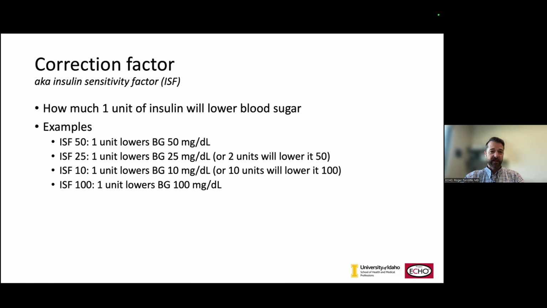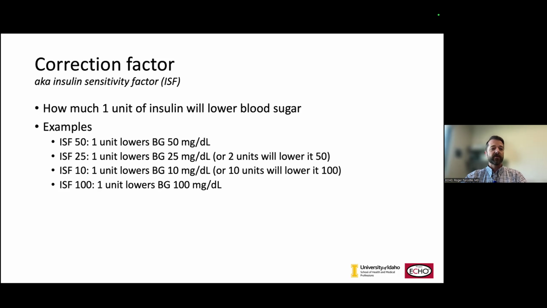And so this is where we get to a correction factor. We also call this an insulin sensitivity factor. The terms are interchangeable. You'll see them used in various places depending on the context, but they mean the exact same thing. This is just, if you give a person 1 unit of insulin, how much will their blood sugar go down? And it makes it more difficult that it's different for every person.